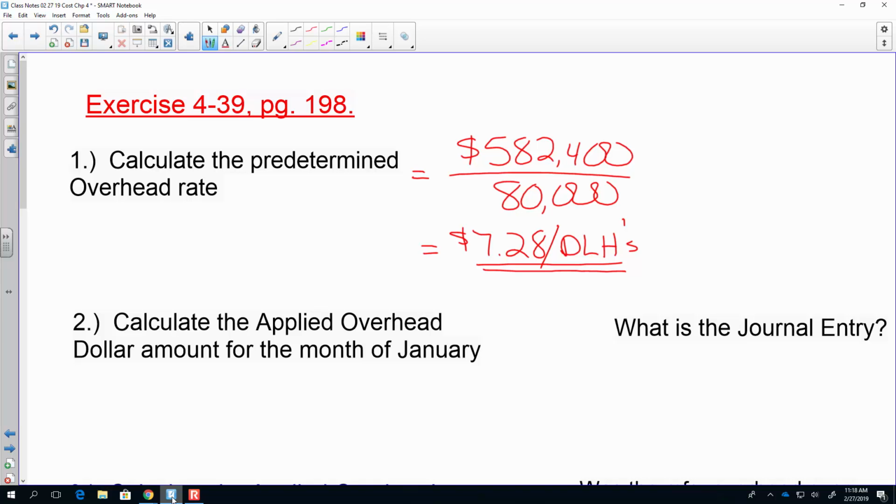So when students don't identify the rate with the driver, they use the wrong number when they get to step 2. They multiply the 7.28 times machine hours, when no, that's not the driver for that department, labor hours is the driver. Does that make sense? Start getting in the habit of identifying the driver with the rate. Okay. Step 2.